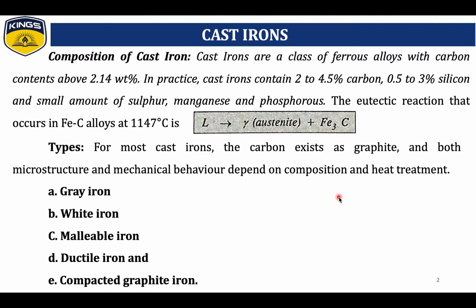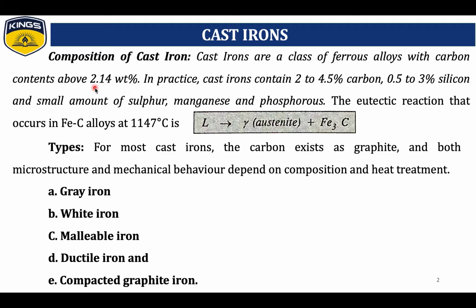With respect to the percentage of carbon and other materials or mixture of alloys, we are naming this as cast iron. So, composition is a must. Coming to the composition of cast iron, cast irons are a class of ferrous alloys with carbon content above 2.14 weight percentage.